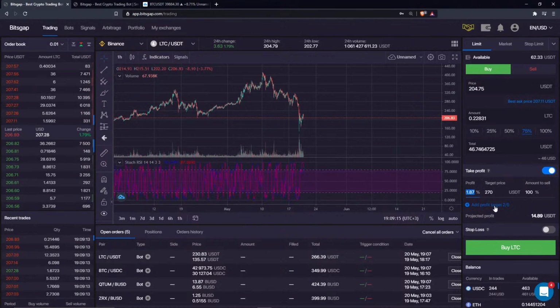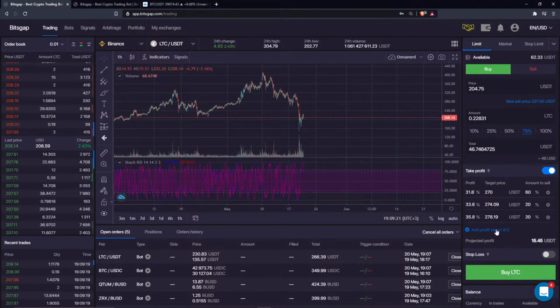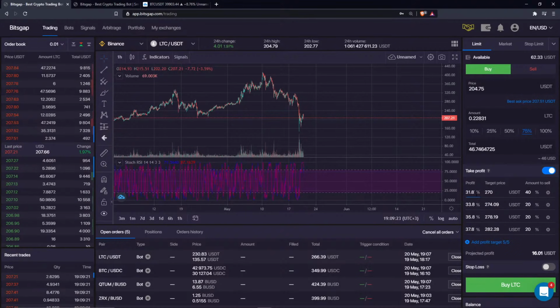And also, it's not necessarily that you have just one take profit. You can split it into 5 orders, and this is even better. Because by having multiple take profits, you actually secure your unrealized return.